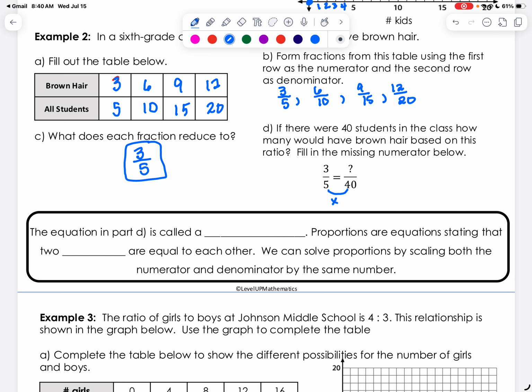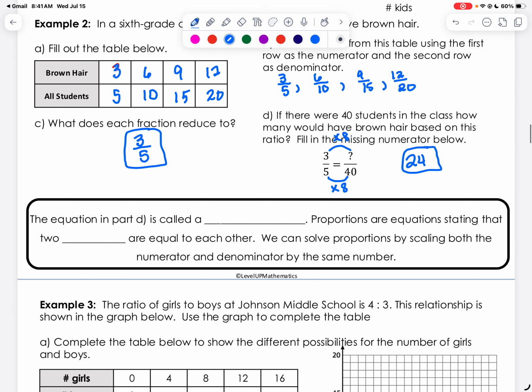Well, hopefully you said 8. So if I scale the denominator by 8, I must also scale the numerator by 8. So 3 times 8 is 24. So in this particular class, if there were 40 students, 24 of them would have brown hair.